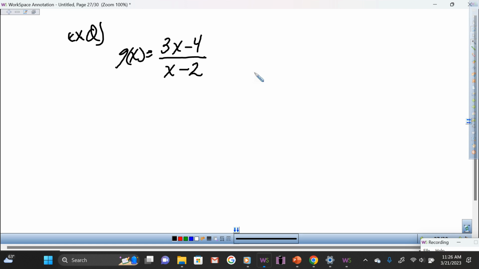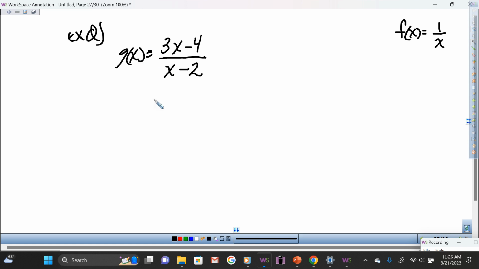All right, tell your neighbor which is the parent function for that one. And write it over here on the side because we're going to use it to start our graph in a little bit. f of x equals what, everyone? 1 over x. Okay, we'll leave it there for right now.